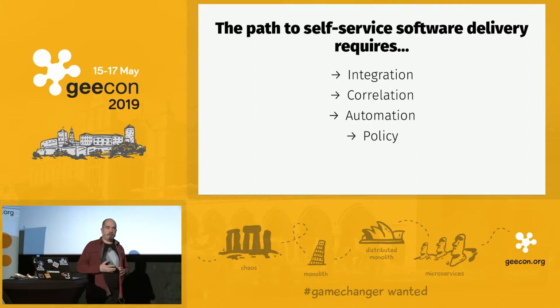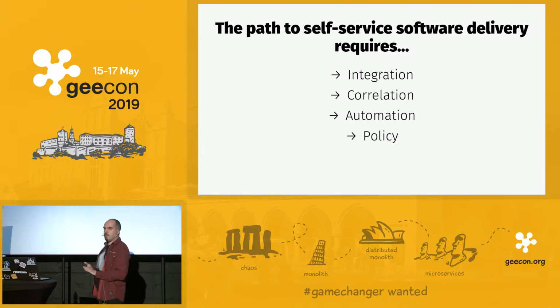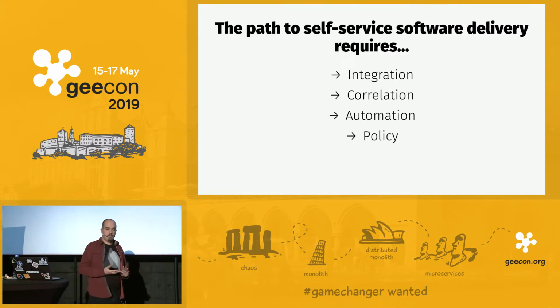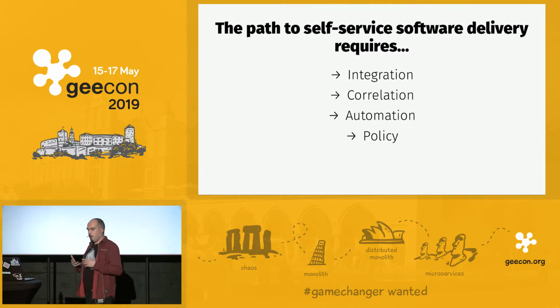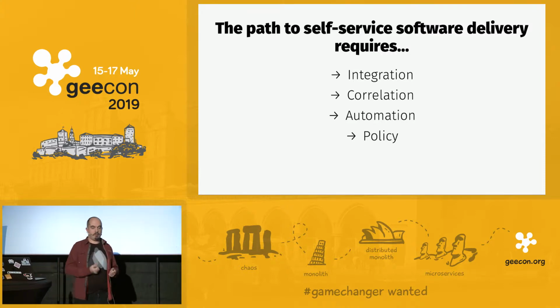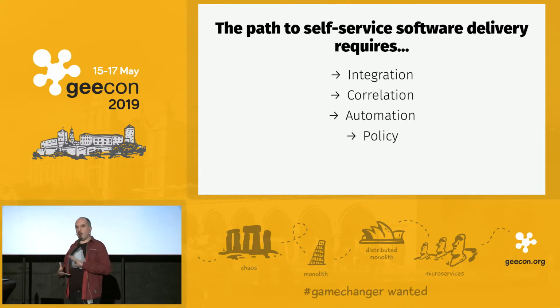So for us, the path to self-service software delivery requires four things. Integration, so all the systems that exist within your own company, for example, your source control systems, your issue management systems, or any other piece of information usable within a software delivery process. On the other hand, we want to correlate this information.